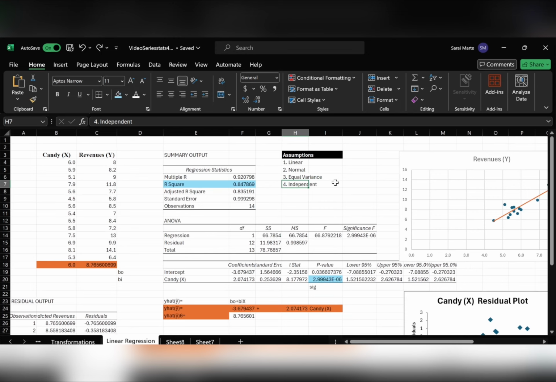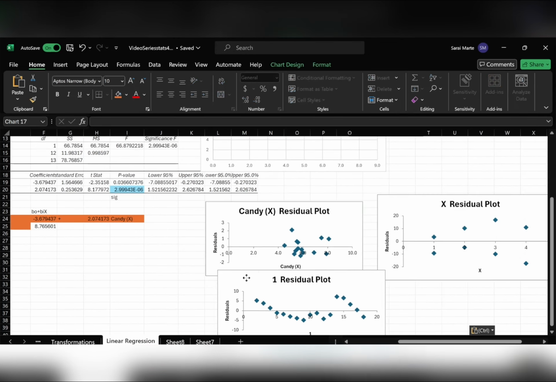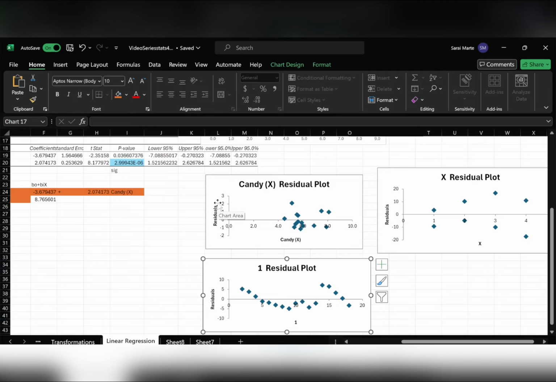And finally, our values have to be independent of each other, meaning that the residual plots don't look like this. This is mostly when you deal with time series data that's been collected over a series of time where some data values might be dependent on other data values. If they are, we say that those data values are autocorrelated, meaning they are correlated to other previous data values.